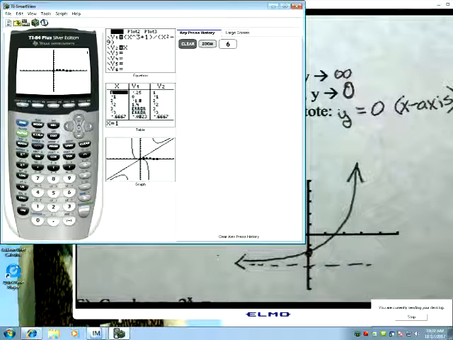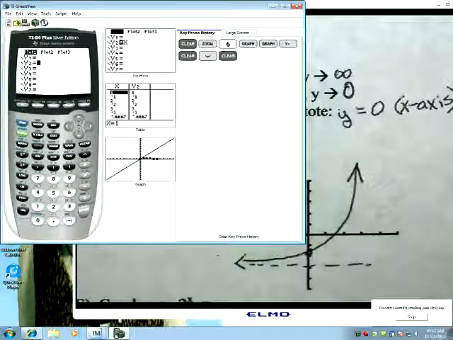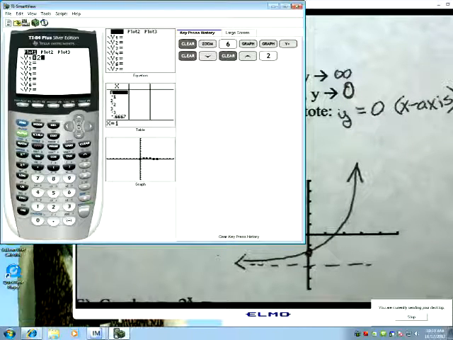Oh, I remember there's a problem with this I need to fix. Y equals 2 to the x minus 3.